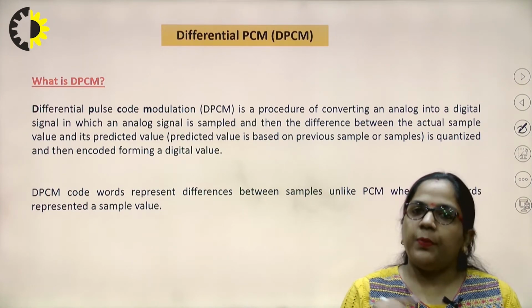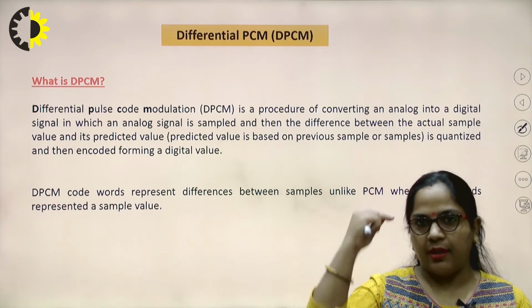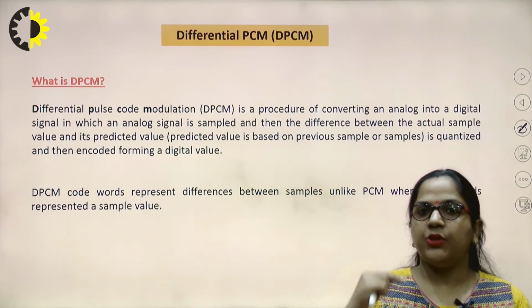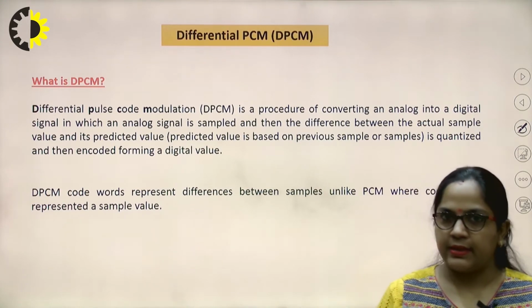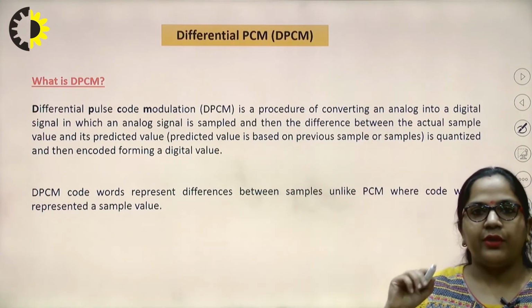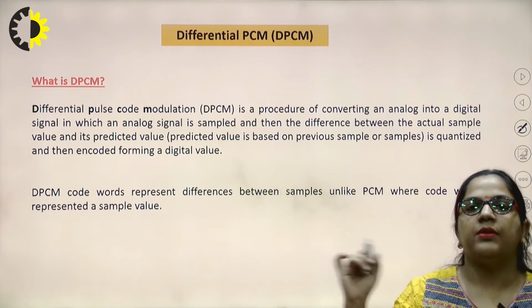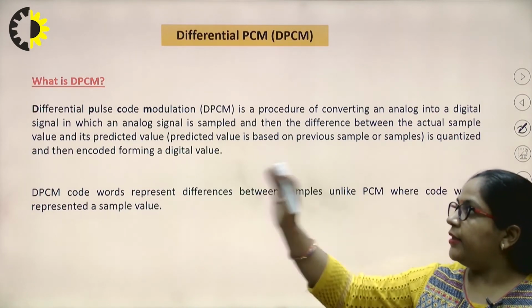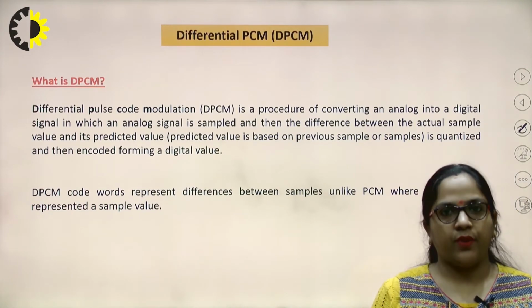When we were performing encoding after quantization, each quantized level will be encoded with a different binary set. That means in case of pulse code modulation, each sample and each level will be assigned with some binary.